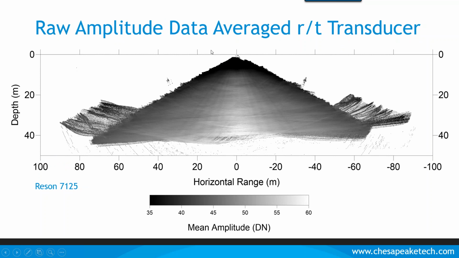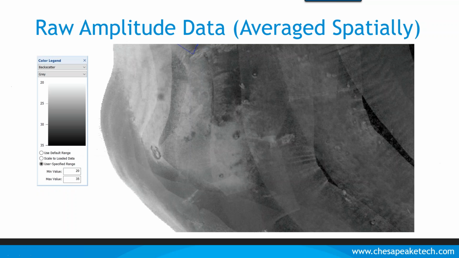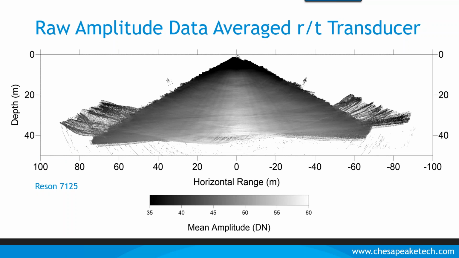In this plot, we're looking at exactly the same amplitude data, but here we imagine that the transducer is right up here at 0 and 0. And what we're looking at is amplitude that has been plotted with depth and cross-track range. We took every single amplitude in that same scene from here, and we plotted them now on this plot.